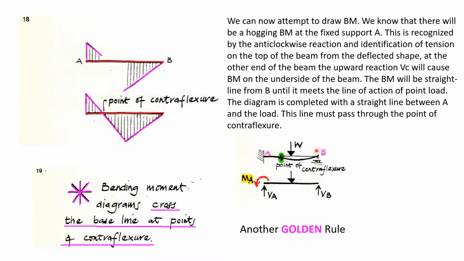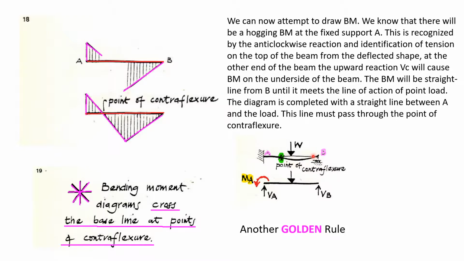On the other side, VB creates a moment, also anti-clockwise, that causes it to go up, so only the bottom side has tension.